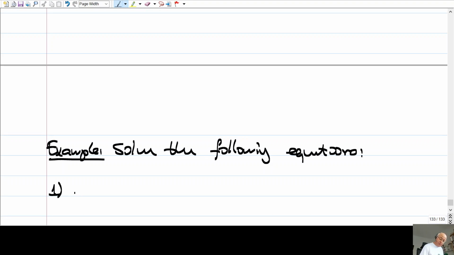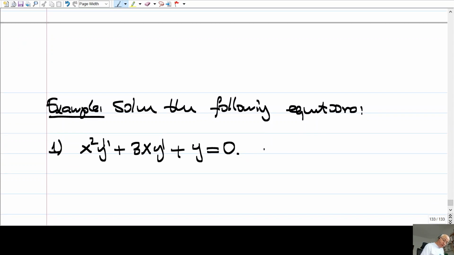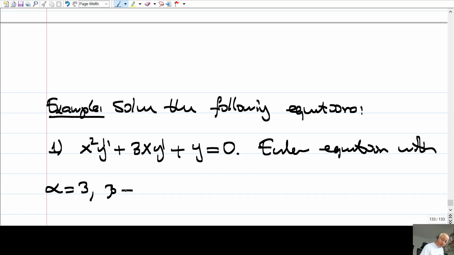One is x squared y double prime plus 3x y prime plus y equals 0. Well, this is an Euler's equation with alpha equals 3 and beta equals 1.